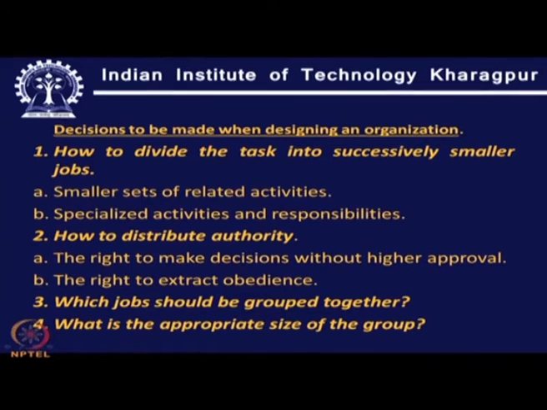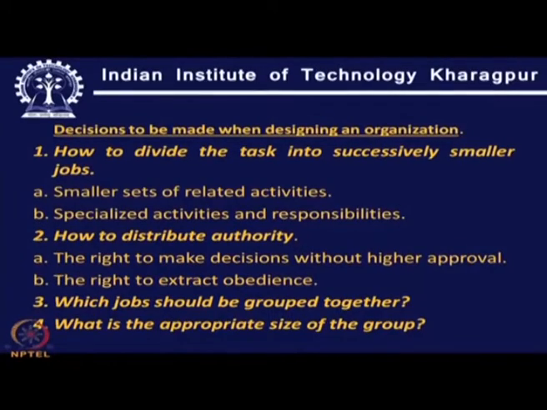The decisions to be made while designing an organization are, first, how to divide a task into successively smaller jobs. So we can divide it into smaller sets of similar jobs and also into specialized activities and responsibilities. So either you take as units smaller sets of related activities, or you take specialized activities and responsibilities.